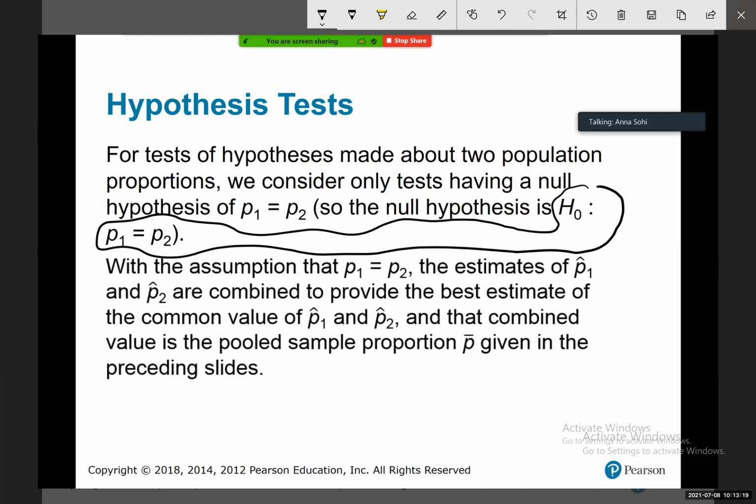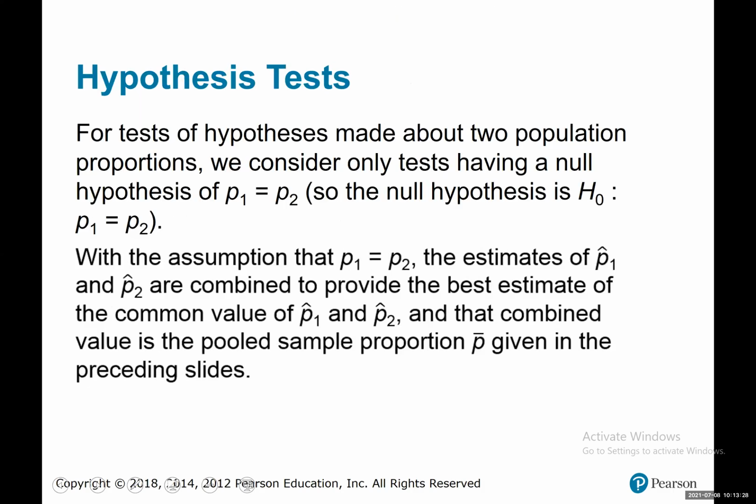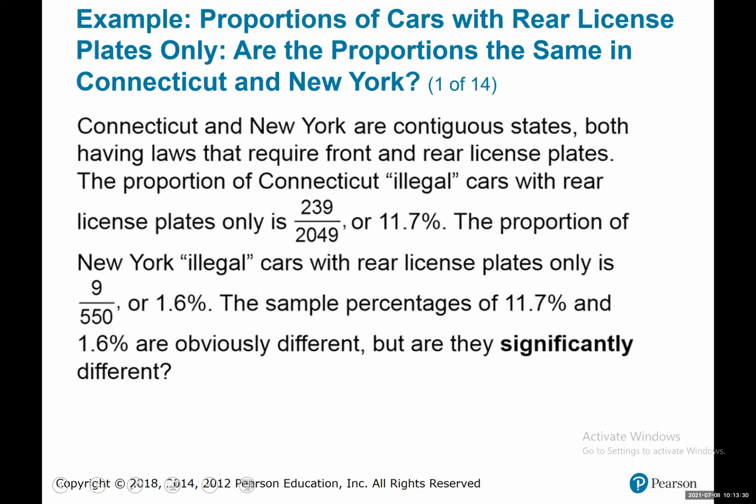And then because you are comparing the two populations, the alternative to that would be either the first one greater than the second one, less than the second one, or not equal to the second one.